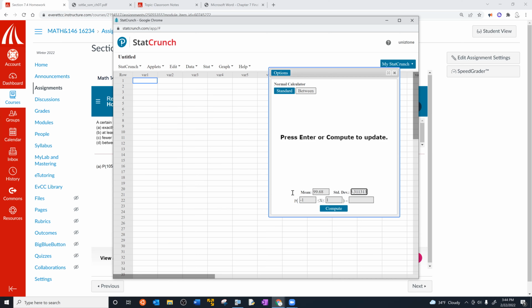So our X is 105. And if I put in 104.99 and 105.001, this might do it. 0.0066.